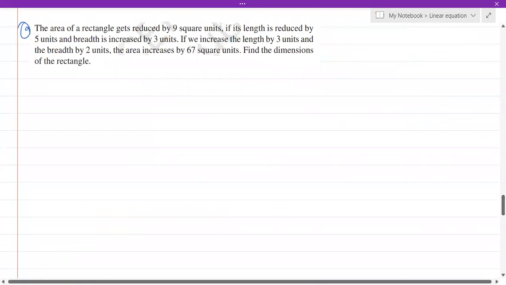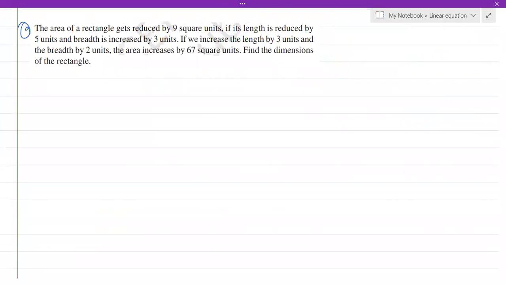The area of a rectangle gets reduced by 9 square units if its length is reduced by 5 units and the breadth is increased by 3 units. If we increase the length by 3 units and the breadth by 2 units, the area increases by 67 square units. Find the dimensions of the rectangle. That is, we have to find the length and the breadth of the rectangle.